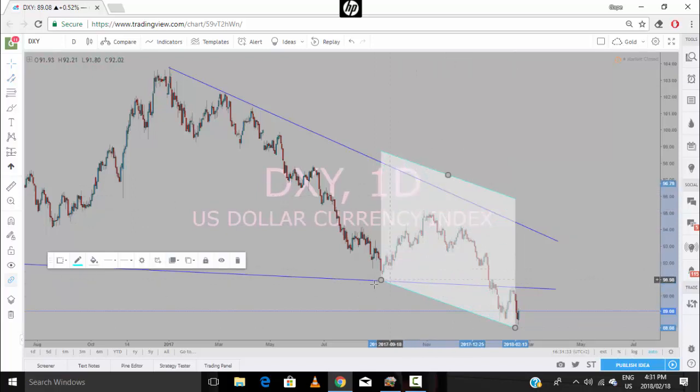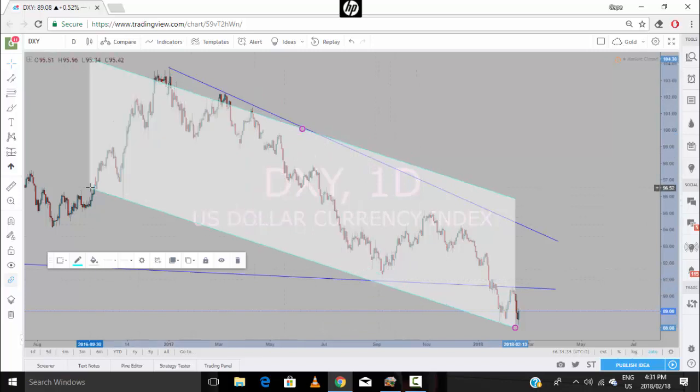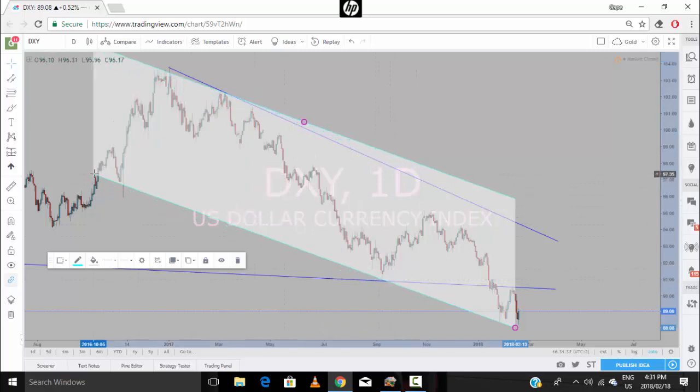Let me see how I can finesse this. As long as price is within this region right here, we're still on a downtrend. Never forget that.